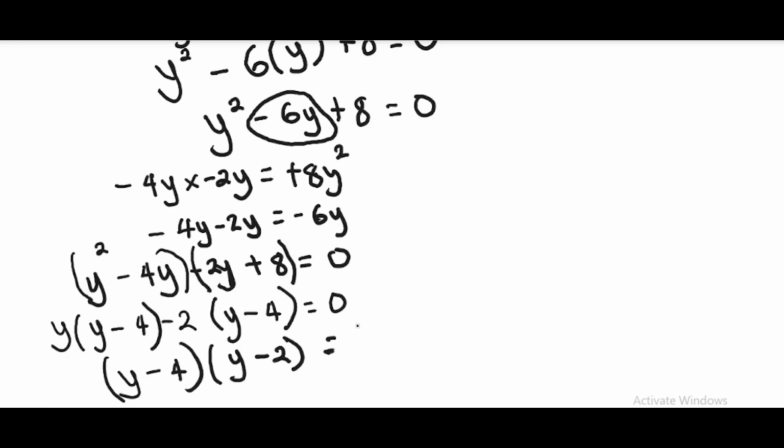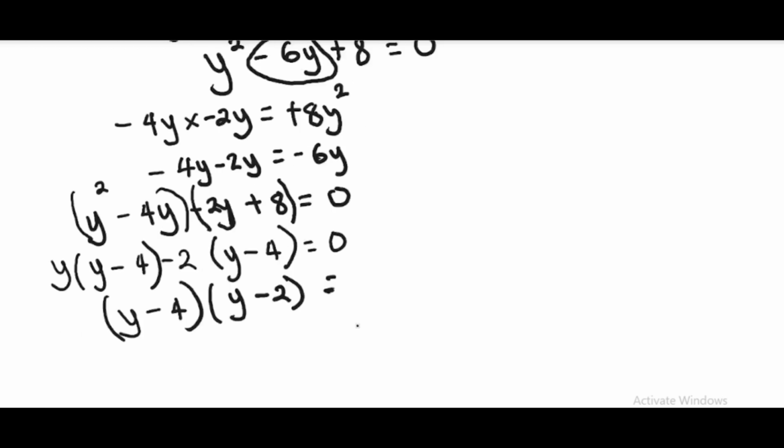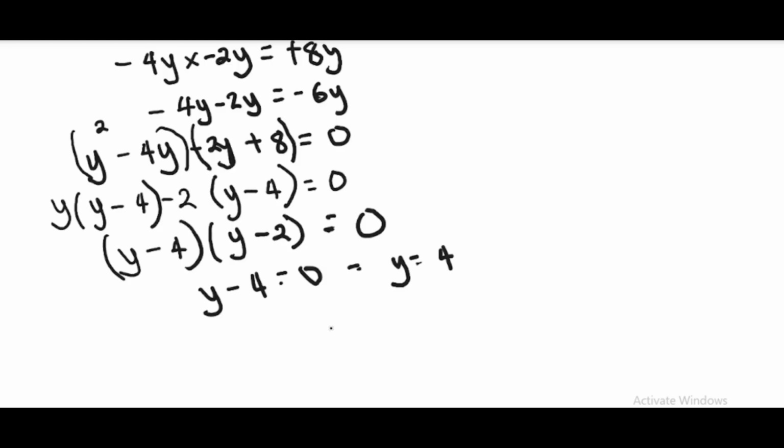Picking the first bracket, we'll have that y minus 4 is equal to 0. That means y is 4, when you take minus 4 to the other side. Then picking the second bracket, y minus 2 is equal to 0.